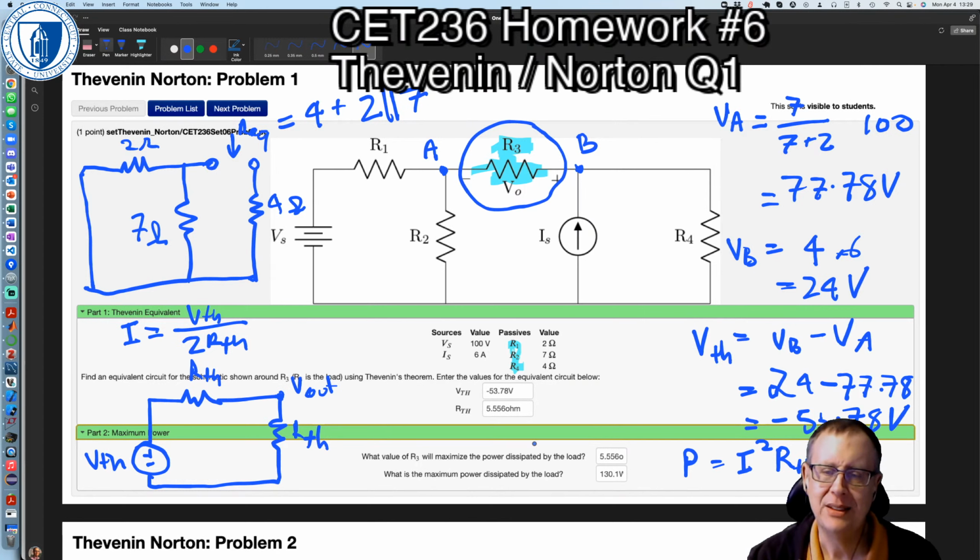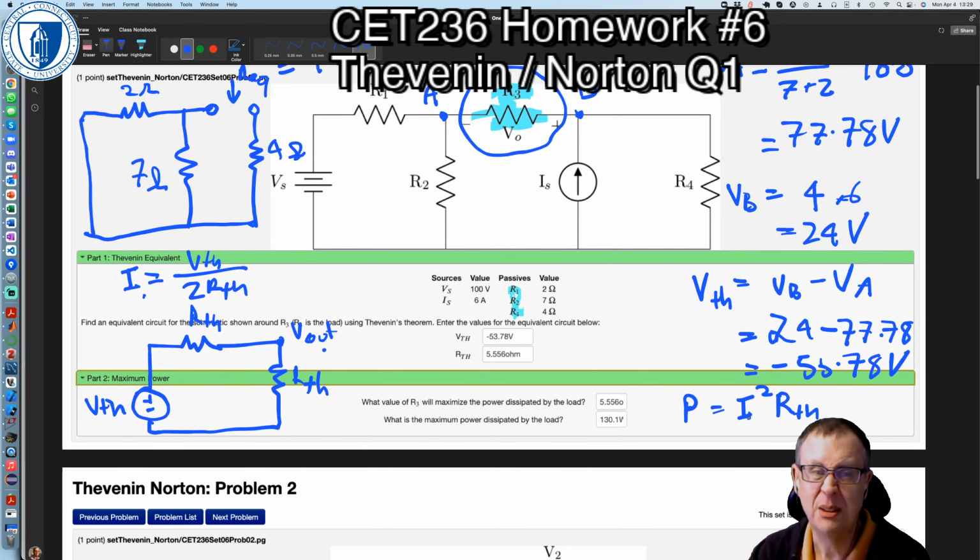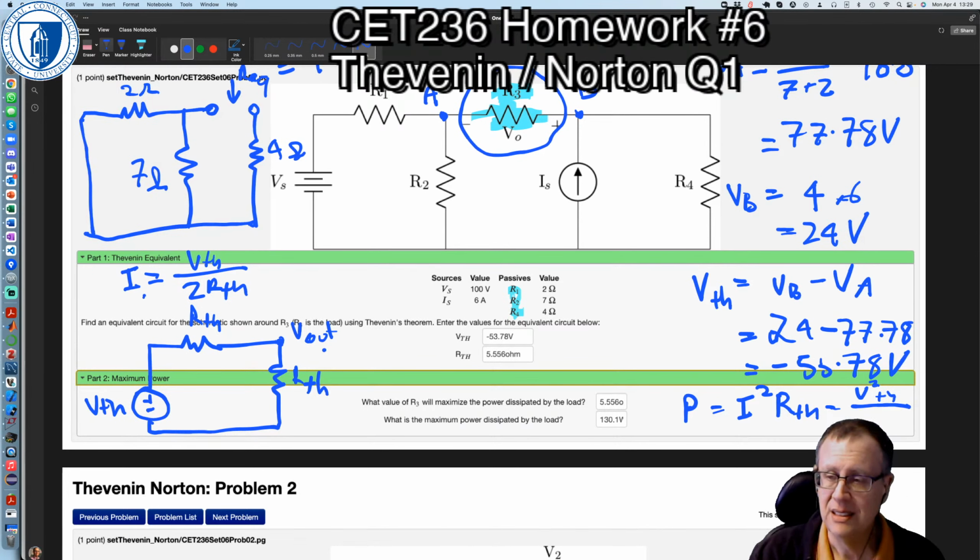And then just do V out times I, but we've already got I, so we could just do P equals I squared RTH, so that's going to be I squared is V squared TH on 4 RTH squared, so that's going to be V squared TH on 4 RTH, because the RTH is cancelled.